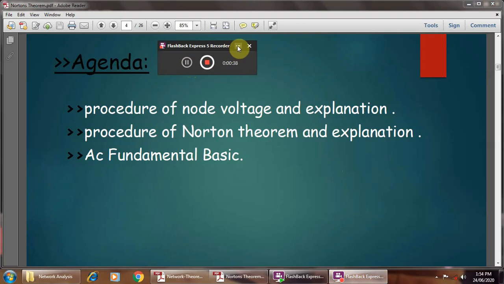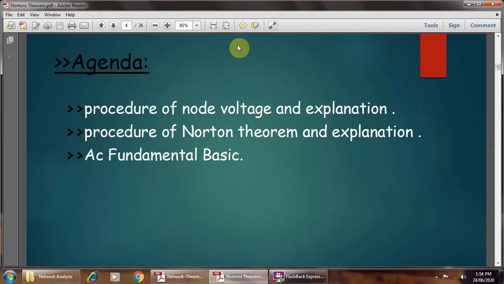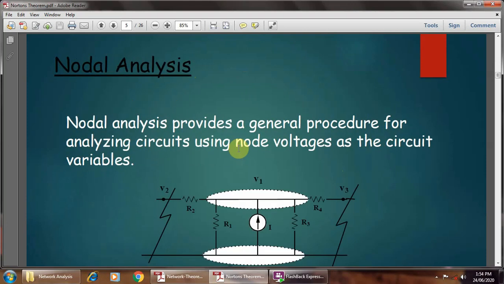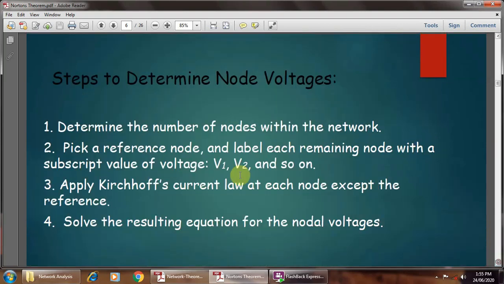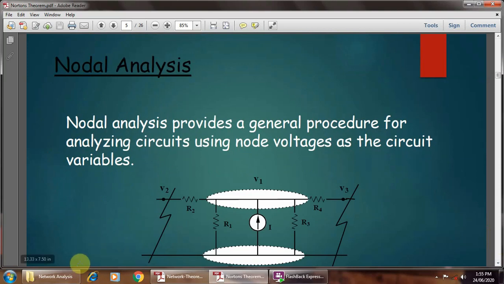The procedure of the node voltages and its explanation, and AC fundamental basics. Then what is the nodal analysis? The nodal analysis provides a general procedure for analyzing a circuit using the node voltages as the circuit variables. In this circuit, a voltage is generated across the node where current comes in from other sources and leaves from the junction.